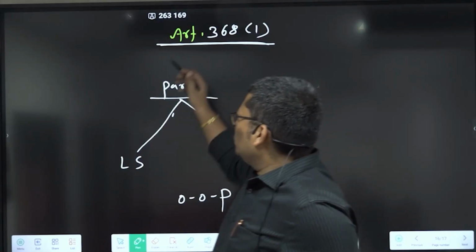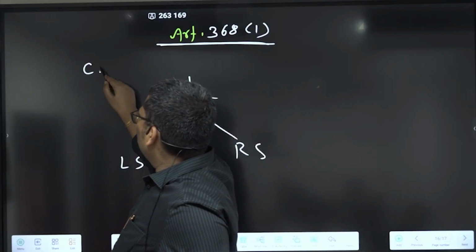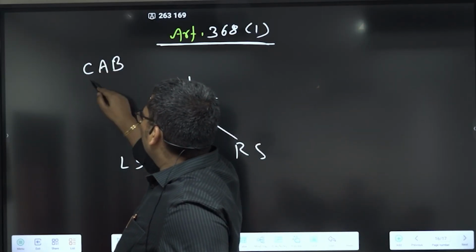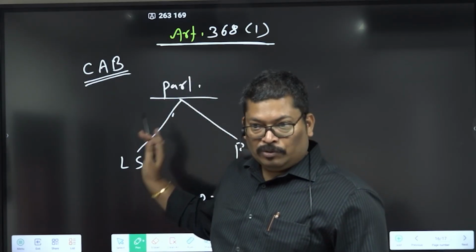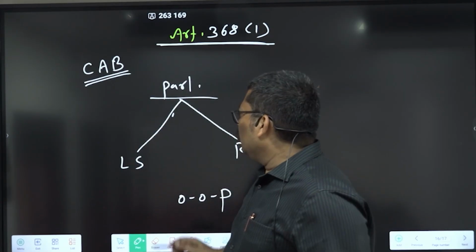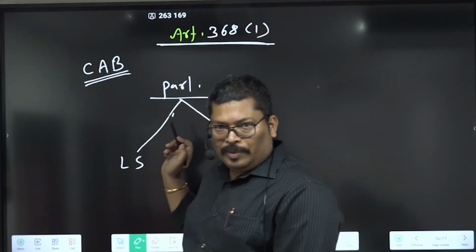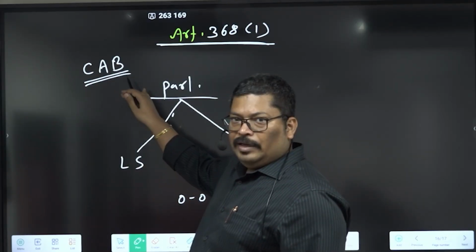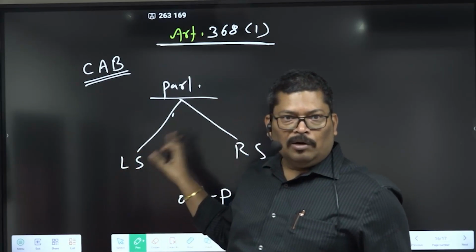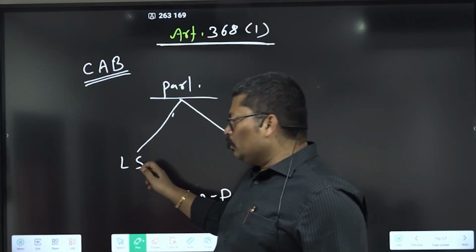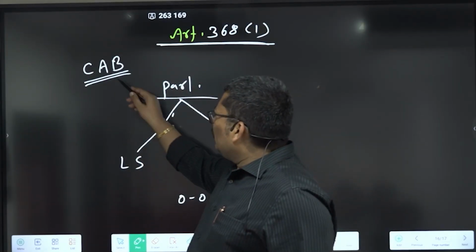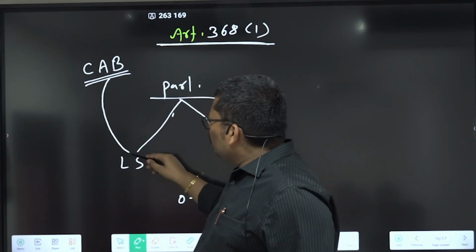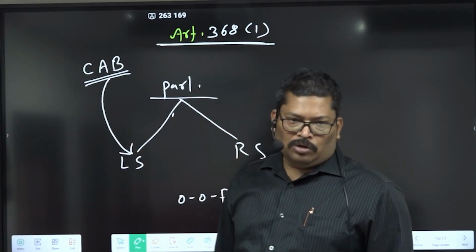So first of all, a constitutional amendment bill will be formulated, will be prepared. This constitutional amendment bill can be introduced into either house of the parliament. Either house means either in the Lok Sabha or in the Rajya Sabha. Let us consider that this constitutional amendment bill has been introduced into the Lok Sabha.